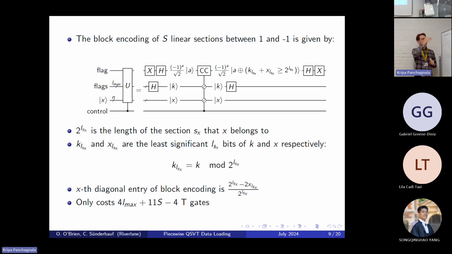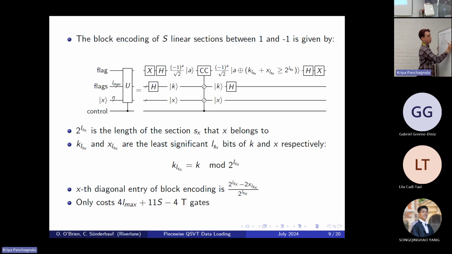Now we can look at what happens to the flag qubits. So from the right, we apply a bunch of Hadamards to the flags. And so we get a uniform superposition over L max. And then the same thing happens on the left.